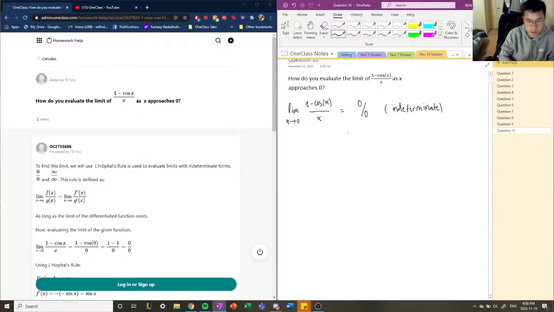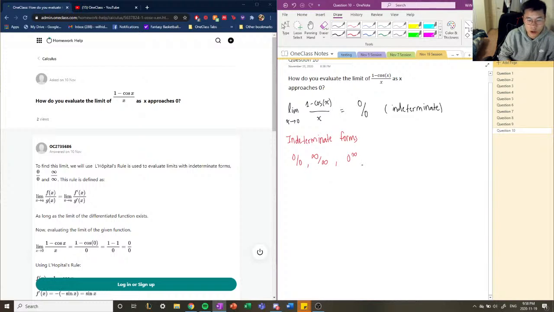So let me just write off indeterminate forms. We have 0 over 0, we have infinity over infinity, we have 0 to the power of infinity, and so on.